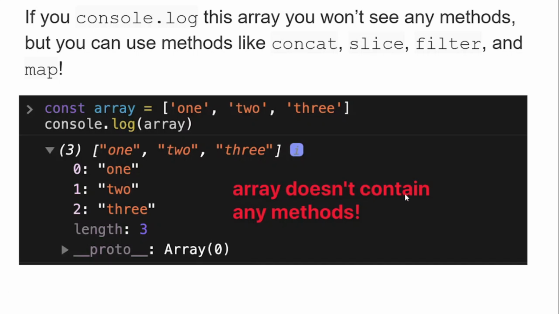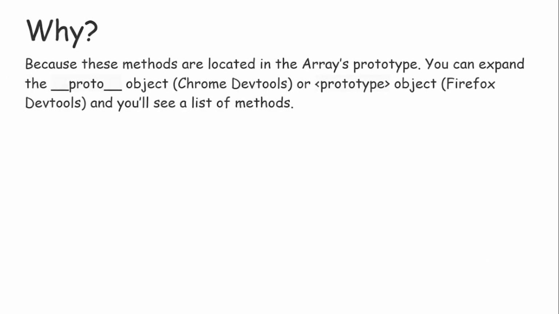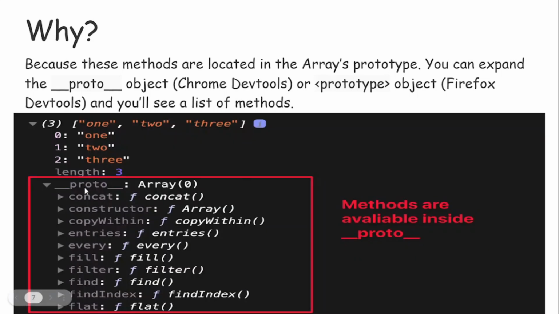So let's go ahead and check. Why can't we see the methods in the array itself? Because these methods are located in the array's prototype, as I have said. We can expand this __proto__ object in our Chrome DevTools, or in the Firefox DevTools we have our prototype object. There we can see this list of methods.